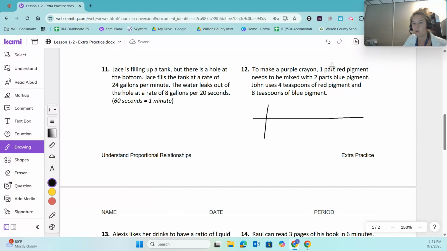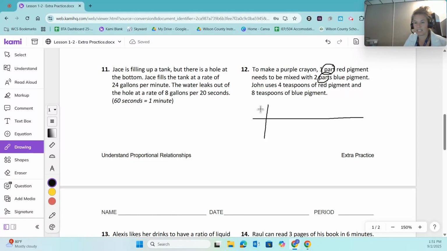Okay, now when this says parts, you can translate that to any unit as long as both units are the same. So 1 cup of red pigment for 2 cups of blue pigment, 1 teaspoon of red pigment to 2 teaspoons of blue pigment. All right, the units don't matter. In this particular instance, John uses teaspoons. Okay, he uses 4 teaspoons of red pigment and 8 teaspoons of blue pigment.